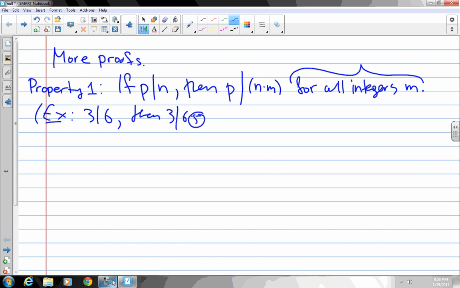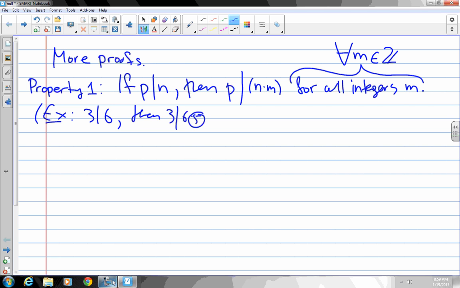Yeah, like a backwards capital E. There is a symbol for all integers, and it's an upside down capital A. So instead of writing for all integers M, I can write it like this: for all M, so M is an integer. So an upside down A, that stands for all. Backwards E stands for there exists, but for all is an upside down A. Isn't that fun? The math symbols are creative.